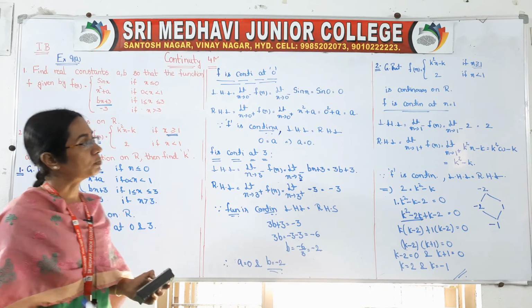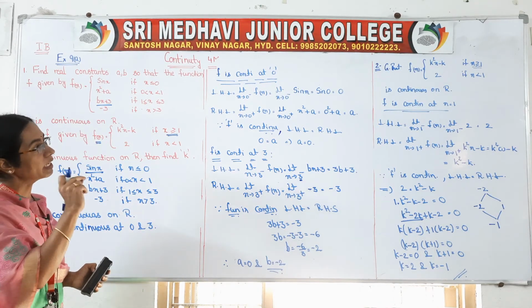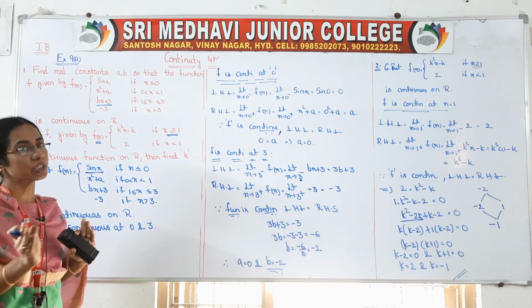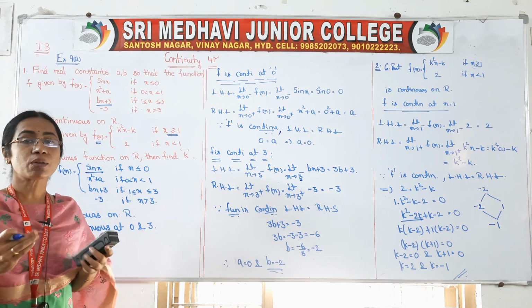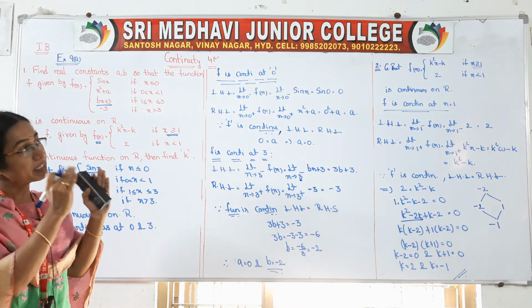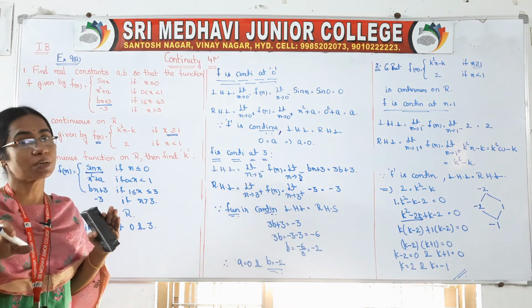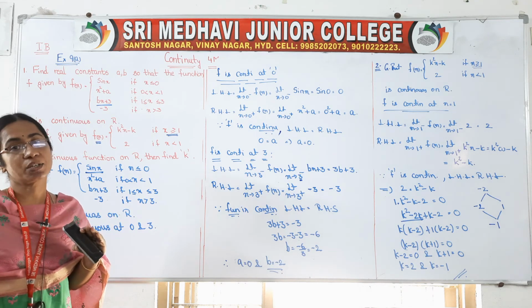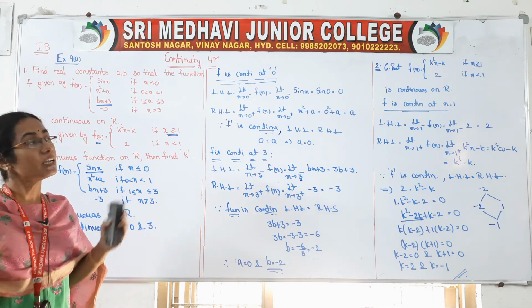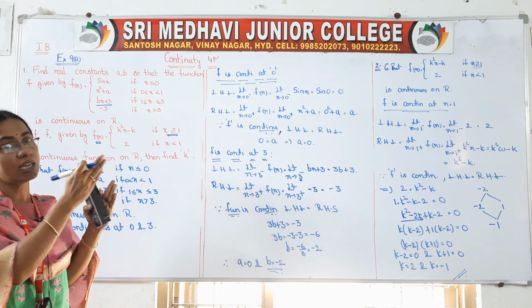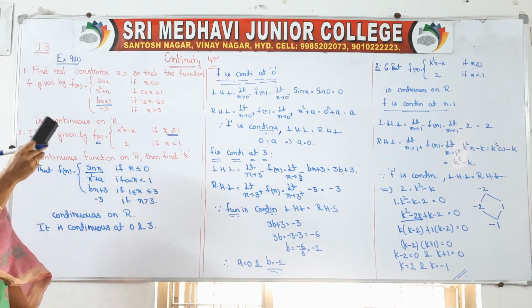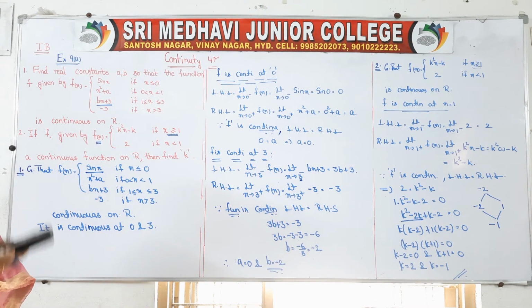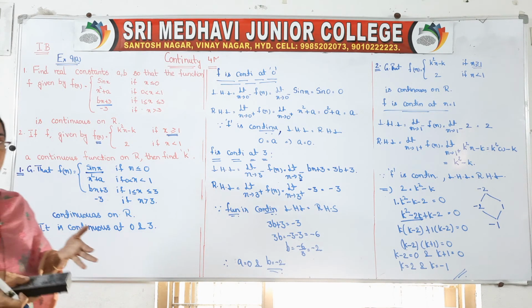Observe carefully. In both the questions, the function is continuous on R, on real numbers, but we have taken the numbers where the function is defined as the continuous points. Why? The function is defined at 1 in the second question, and in the earlier one the function is defined at 0 and at 3. It is defined in the question.